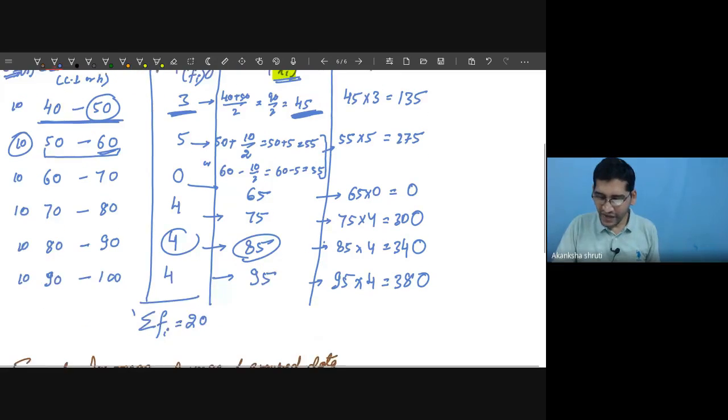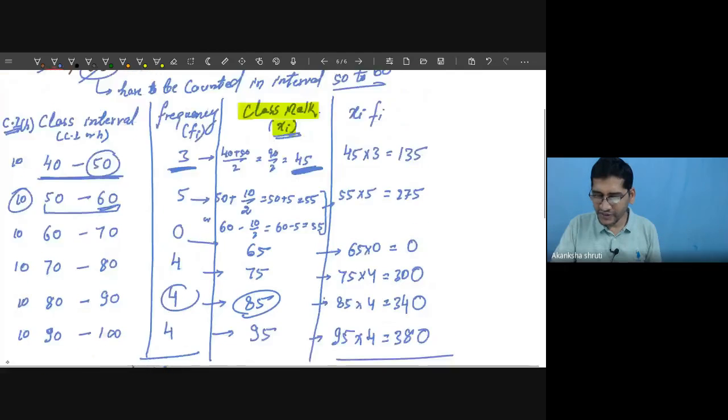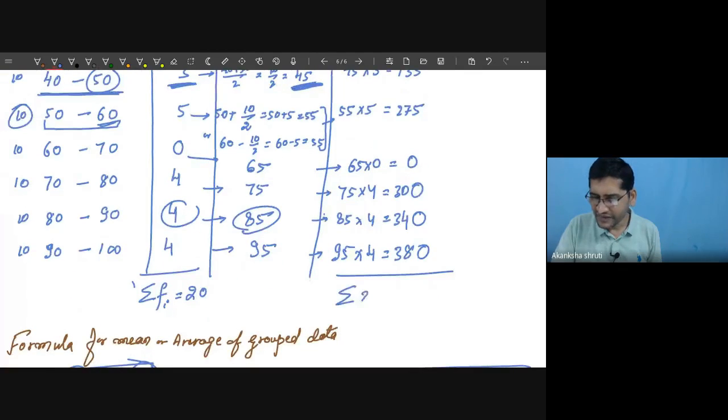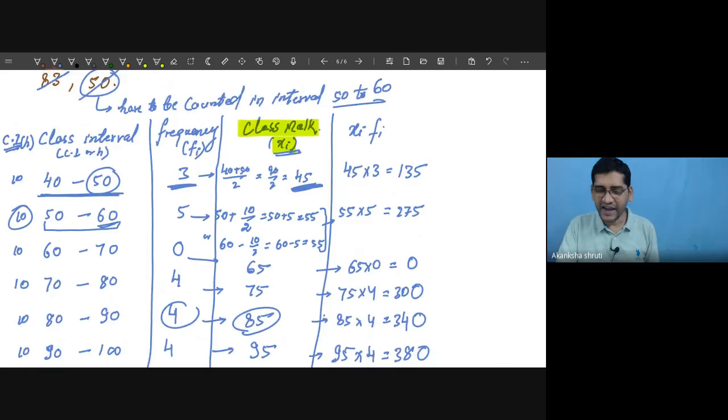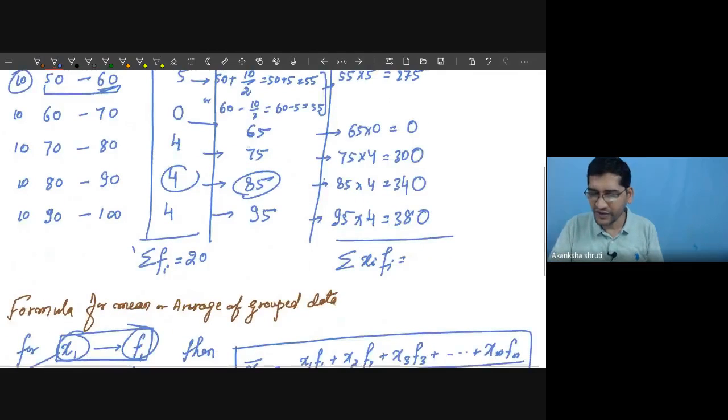After this, lastly, you have to calculate this summation of xi fi. Like you were adding the frequency here, now you are adding xi fi. So this way you have to multiply in the column itself, or in the table itself. Then you have to substitute in the formula.